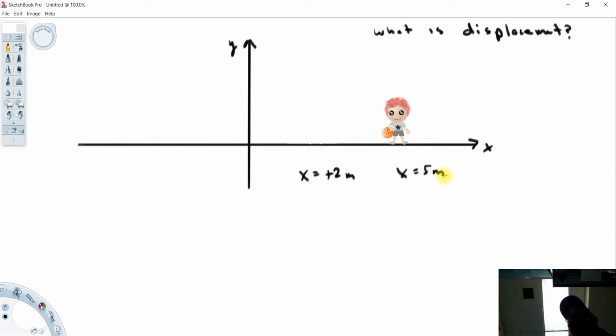Now, the 2 meters is Timmy's original starting point. We usually call that something like x initial, or you could call it x1 maybe. And the 5 meters is where Timmy ended up. So we're going to call this x final. Now, what displacement is, right? It's equal to your change in position.